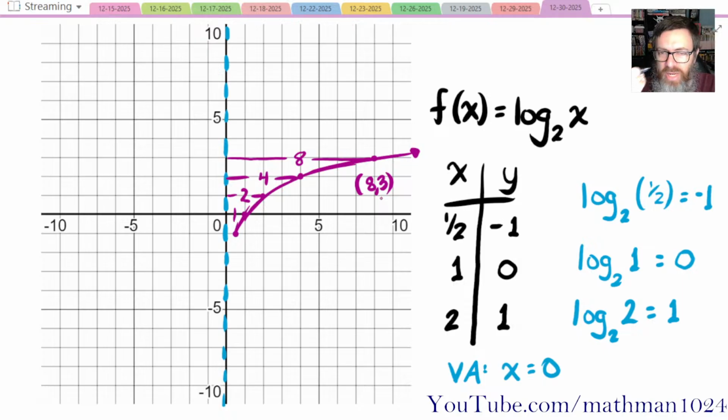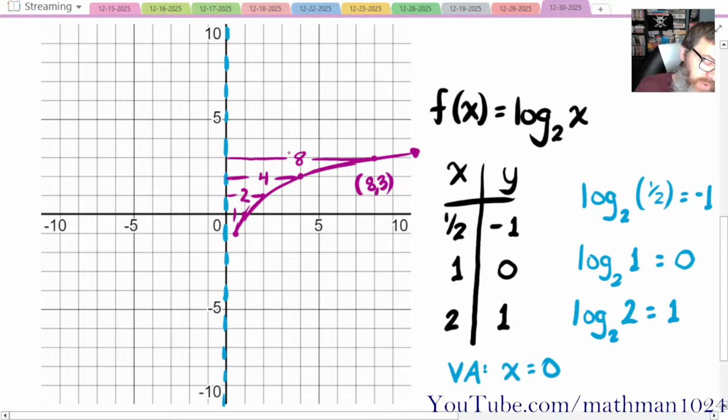But look at it as you go backwards. If I go down, I'm dividing by that base. So 8 divided by 2 is 4, divided by 2 is 2, then 1, 1/2, 1/4, and so on. So these guys are going to get closer and closer and closer to that vertical asymptote, but you don't get to touch that. You don't get to cross it, and you got to look just like this.